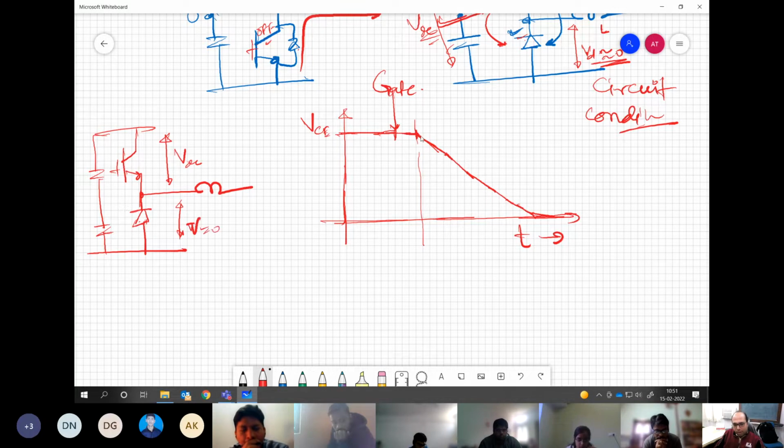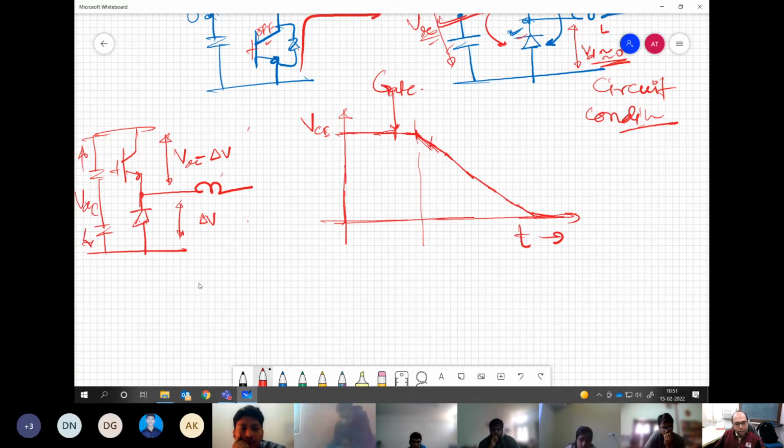The moment this is dropping slightly, what will happen? The device voltage will become VDC minus delta V and the diode voltage will become delta V. You understand the point? The moment this has dropped by amount delta V, this will become delta V because it has to satisfy the KVL. Total voltage across this must be VDC.